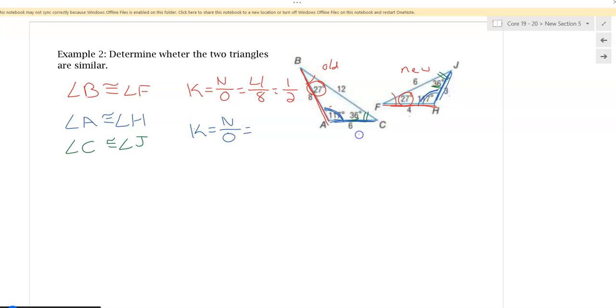My new is 3, and my old is 6, which reduces to 1/2. And then my green to my red side. Again, K equals new over old, which is 6 over 12, which equals 1/2.